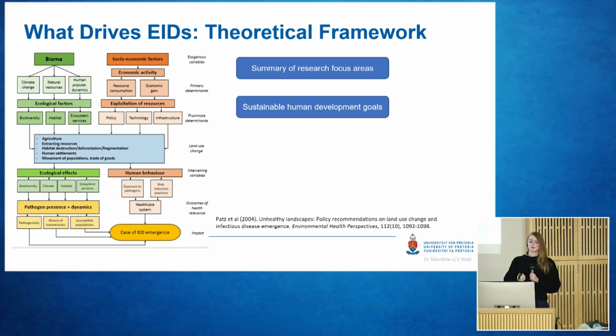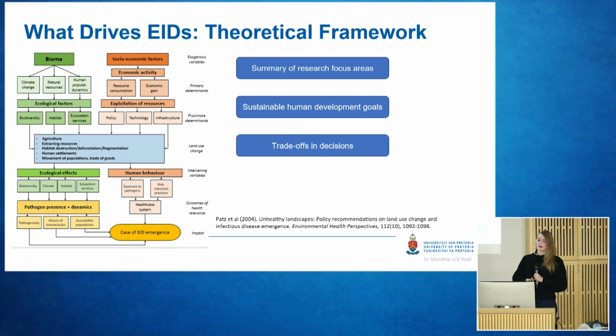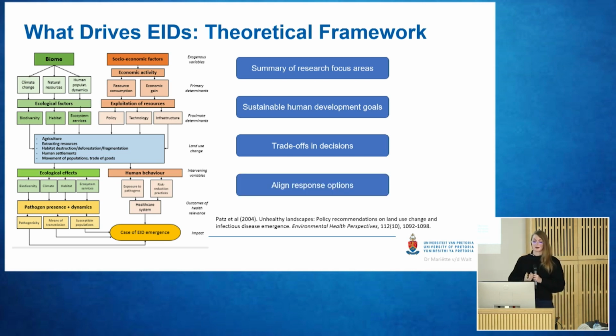it shows us the processes related in sustainable human development goals. It shows us the different trade-offs in the decisions that we take, where we can mitigate cases of disease emergence, and it aligns response options across all sectors.